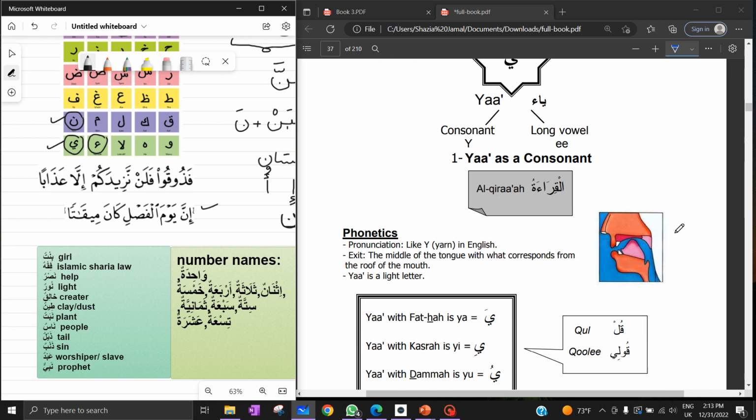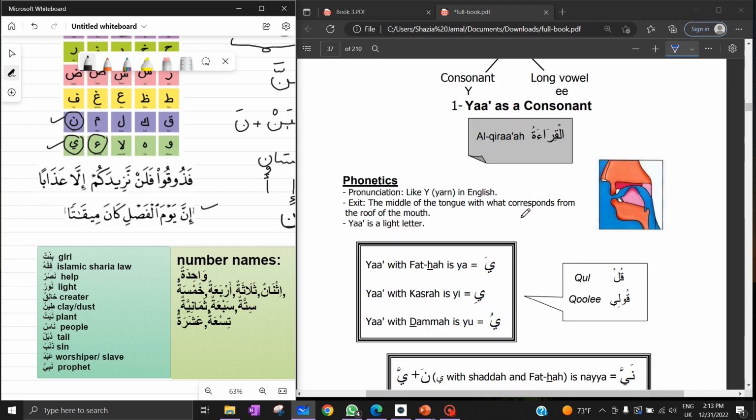This is the next letter, with the makhraj and articulation, how we are going to pronounce it. Ya is a light letter, pronounced with the middle of the tongue. As you say yarn in English, it is the same sound in Arabic, ya.